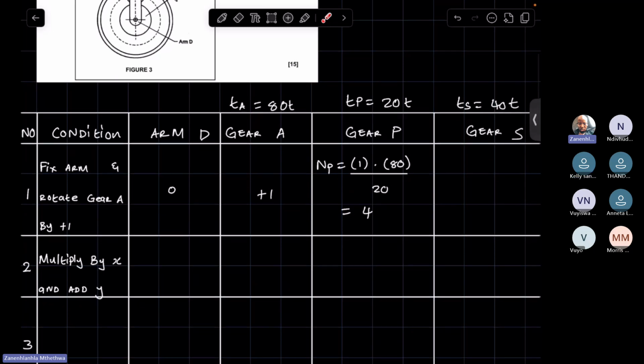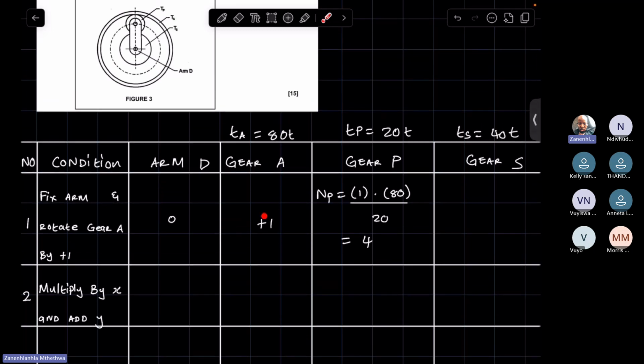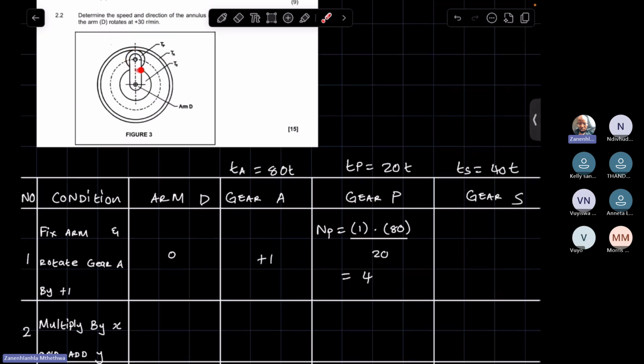Right. If the annulus is rotating clockwise, and whichever gear meshes with the annulus rotates in the same direction as the annulus, then how is the planetary gear, which is meshing with the annulus, rotating?